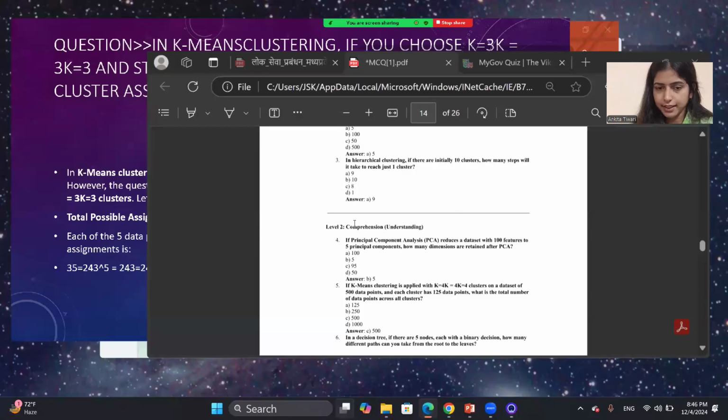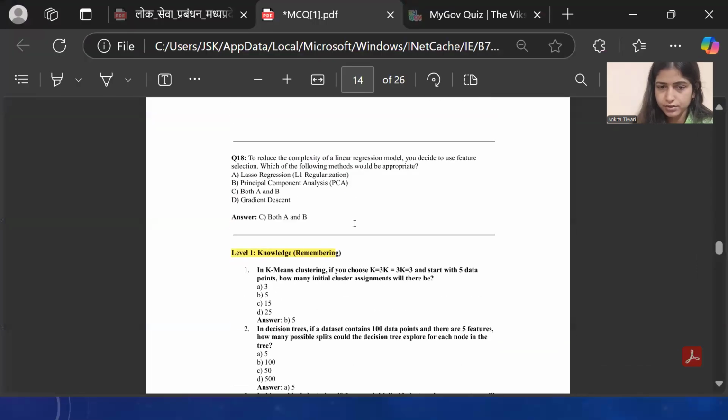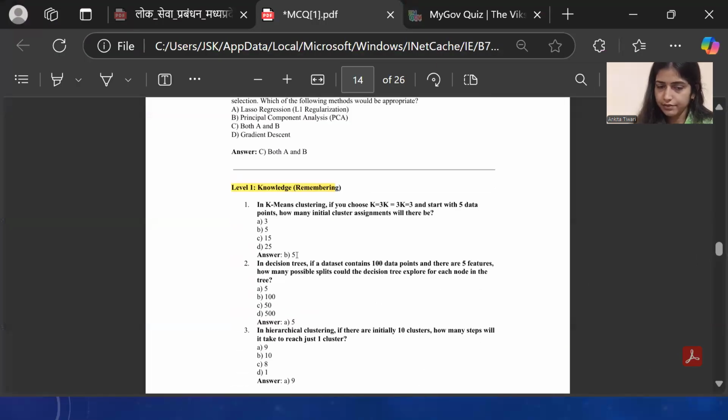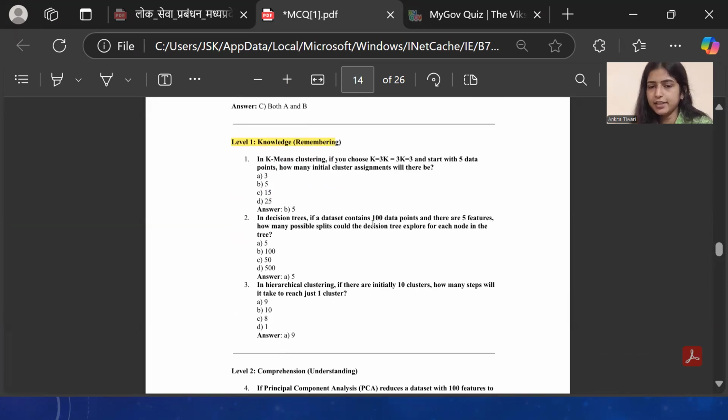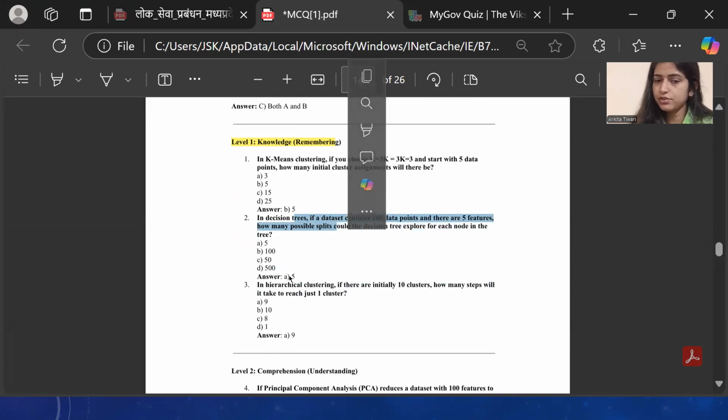In the second question, 5 is our answer. In a decision tree, if a data set contains 100 data points and there are 5 features, how many possible splits could the decision tree explore for each node in the tree? So the answer is 5.